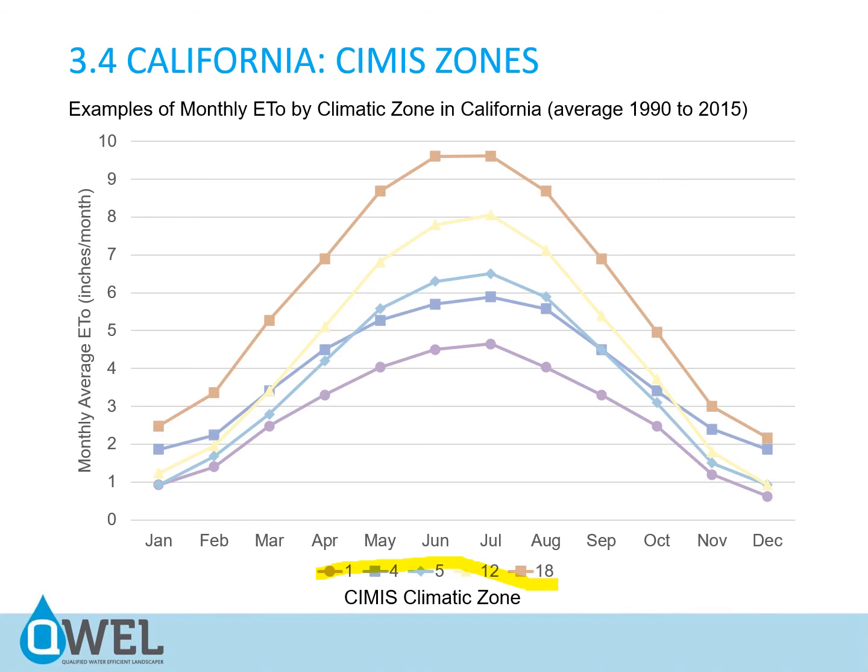You can see inches per month on the left-hand side. For July, the average up here is 9-something inches, whereas zone 1 down here on the bottom in purple is just above 4 inches. And the other zones are somewhere in between.